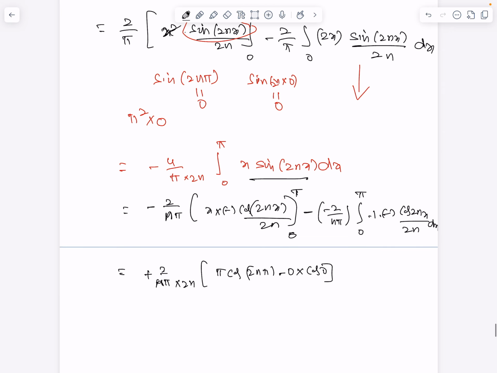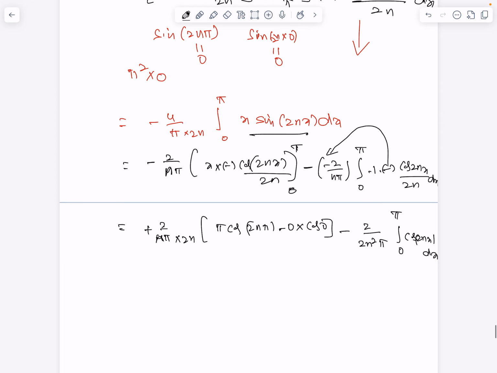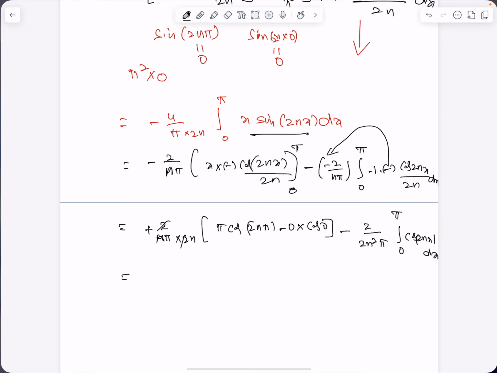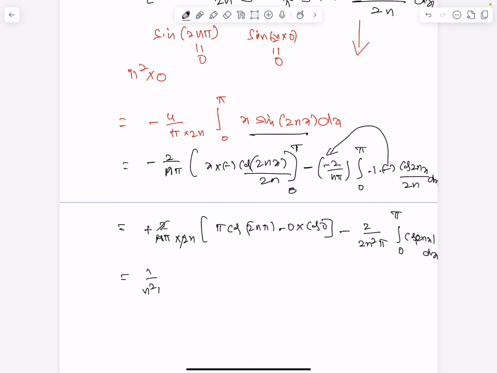And similarly here, if you take this negative, this is minus 2 by 2n square pi, the integration from 0 to pi of cos 2nx dx. So this is equal to 2, one 2 cancels, therefore that is 1 by n square pi.